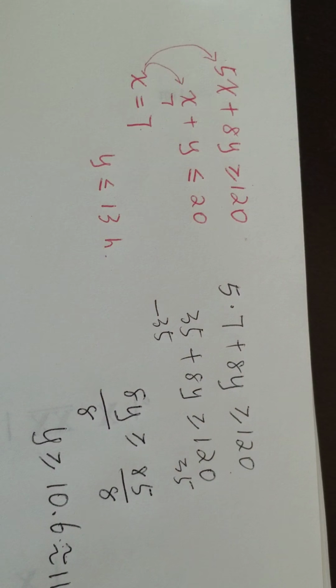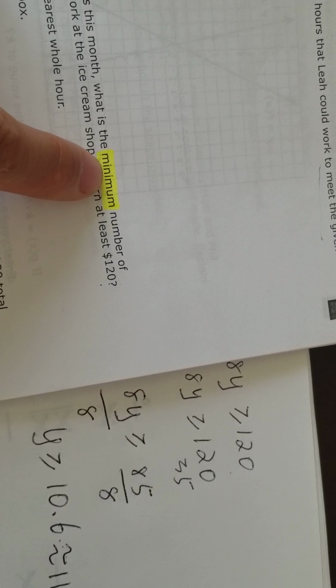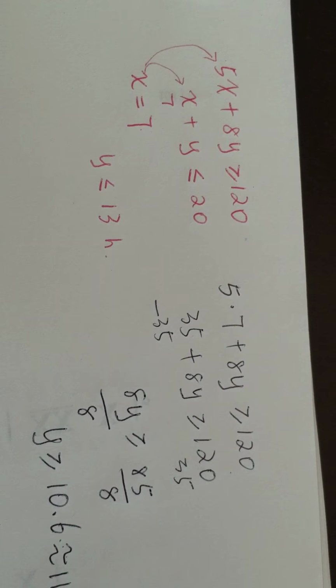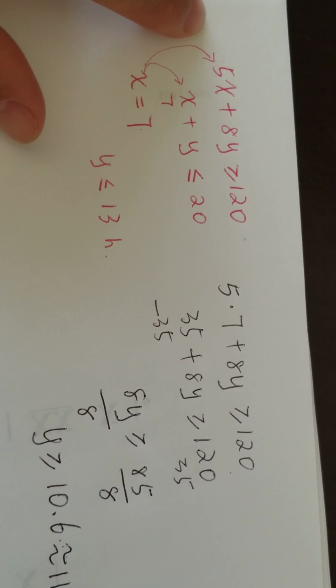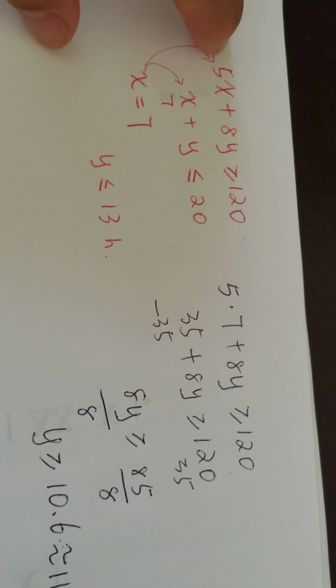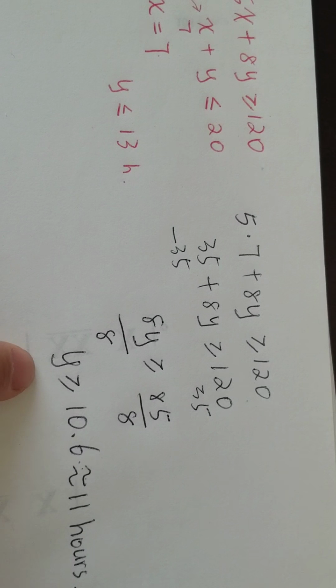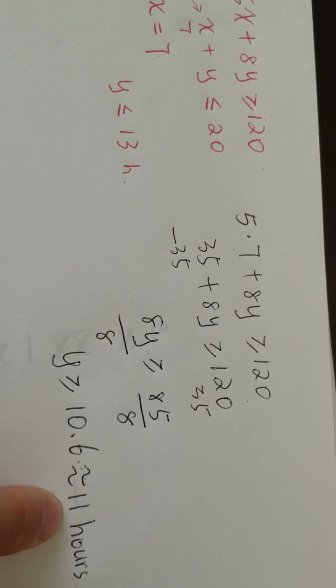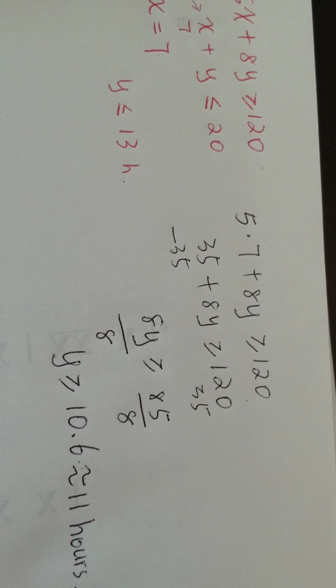However, the question asks what is the minimum number of hours at the ice cream shop. Then you have to substitute your x into the first inequality. Therefore, we have y equals 11 hours, which is the minimum hour.